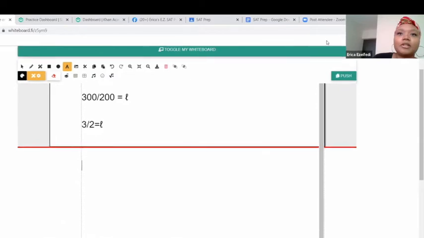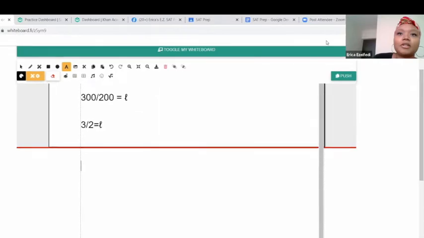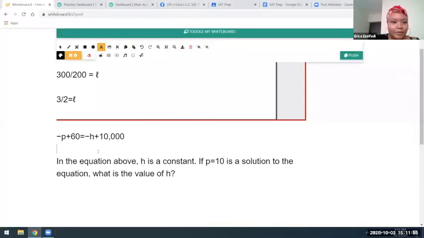Okay. So our next problem is negative P plus 60 equals negative H plus 10,000.